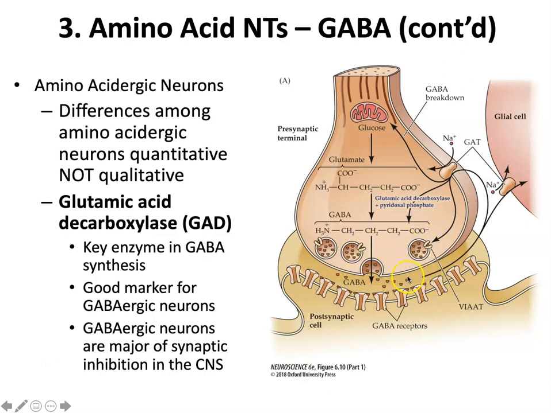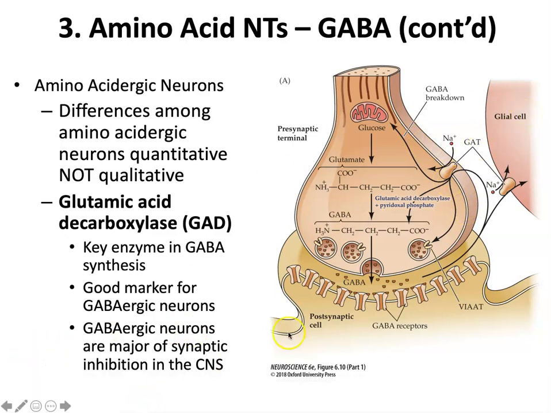As far as removal of GABA from the synapse, just like we talked about with glutamate, there are transporters within the astrocytes that will utilize sodium to bring in glutamate, and also there are transporters that are available at the neuronal membrane as well, so not just the astrocytes.